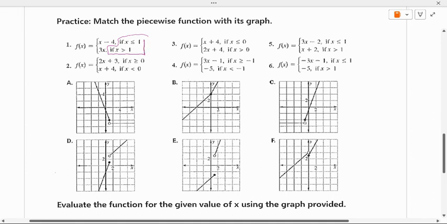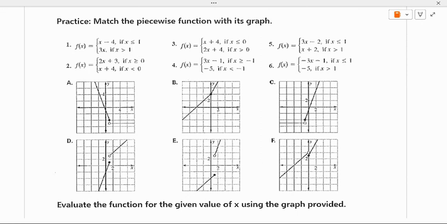They're all linear functions, so you don't have to identify them as being absolute value or quadratic. So you're just going to determine which functions match which graph based off of y-intercepts and domain restrictions.